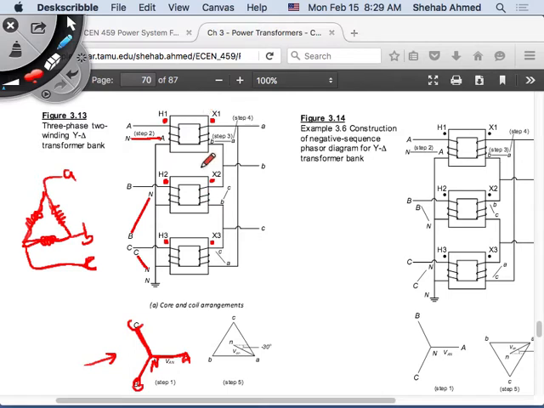So now, when I applied voltage in this polarity on the primary side, the result is that on the secondary side I have voltage in phase with it. Correct? Forget about what the letters mean right now.